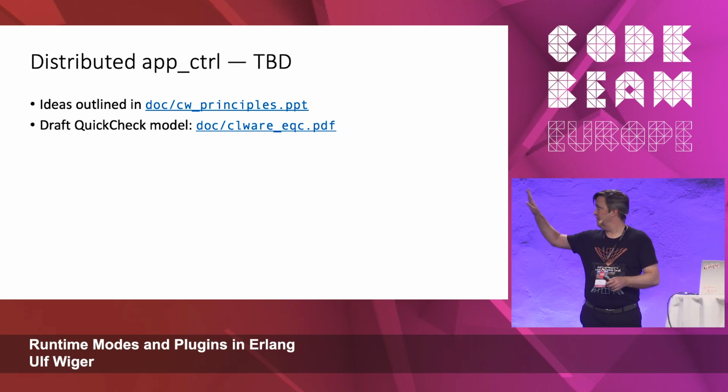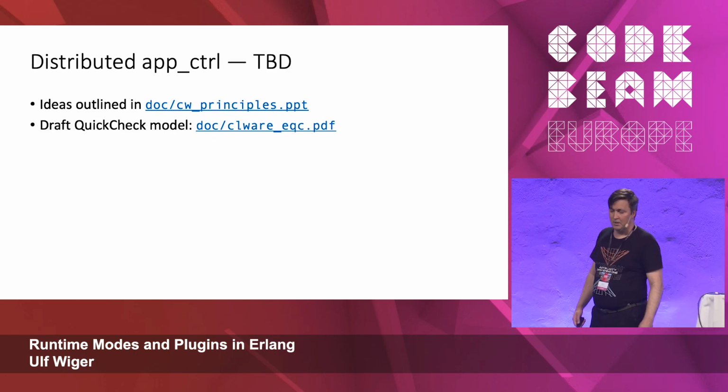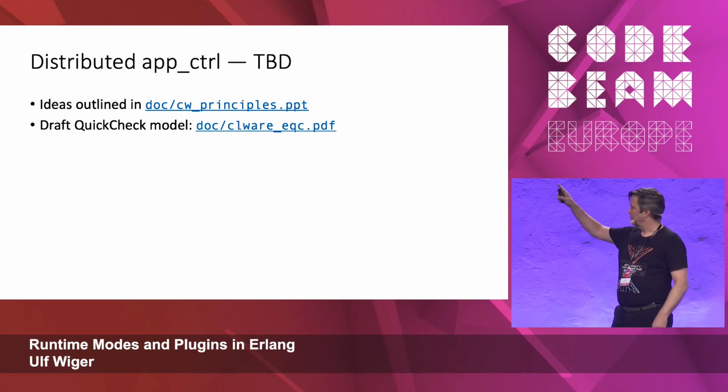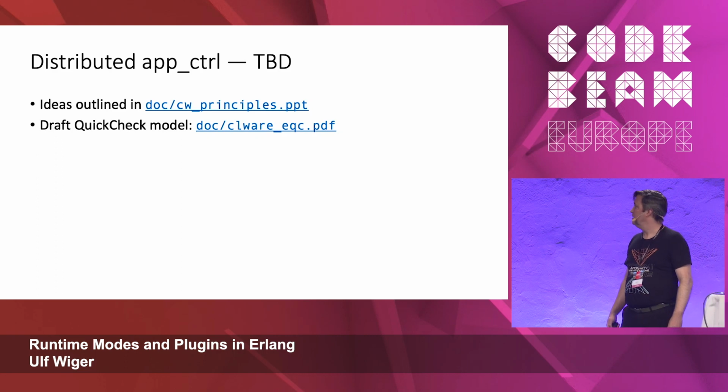I've saved the QuickCheck model, but I haven't actually started writing the code yet. So if you want to contribute, this could be a good place to start: read that, and try to implement cluster control that way.